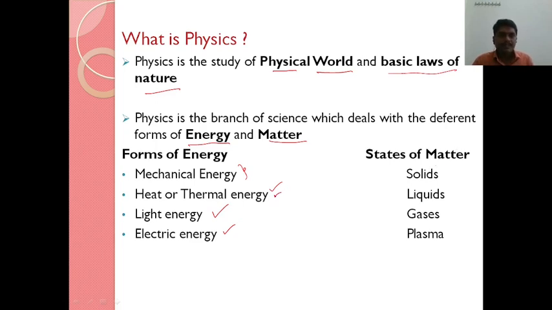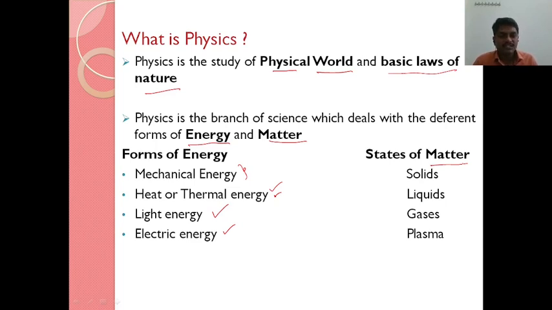So what is matter? You have studied one basic definition in your lower classes. Matter is anything which occupies some space, having some volume and some mass. Anything which occupies some space and has some mass is said to be matter. Matter can exist generally in 3 states: solids, liquids and gases.